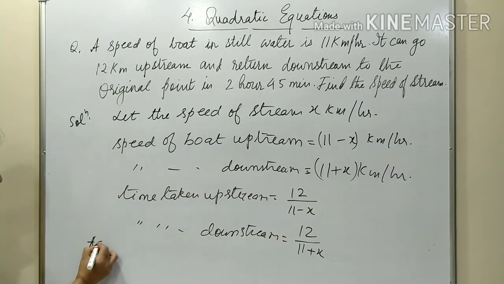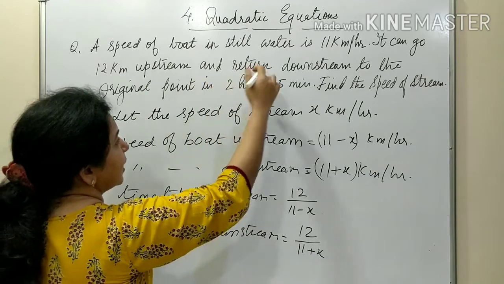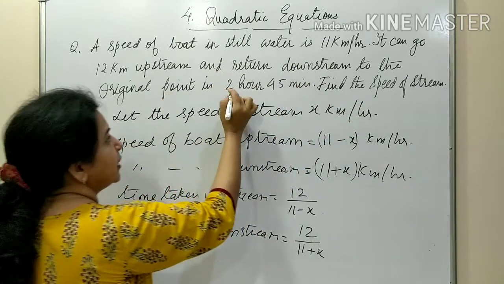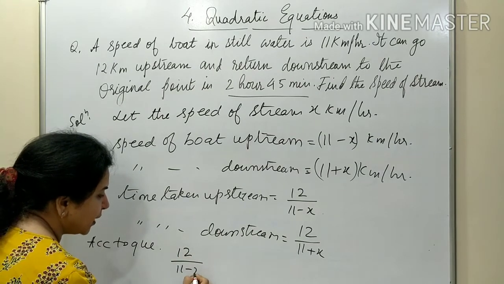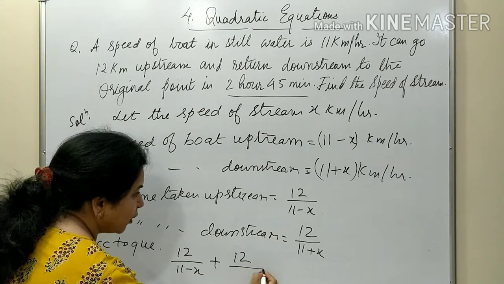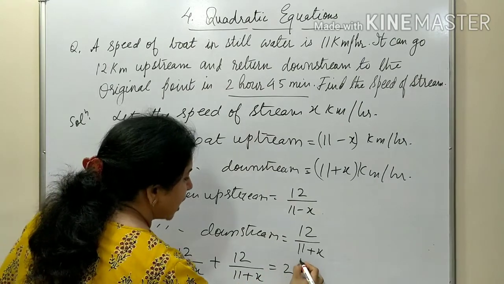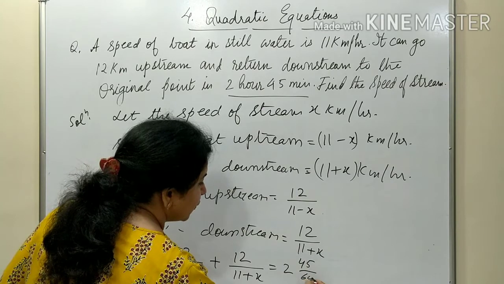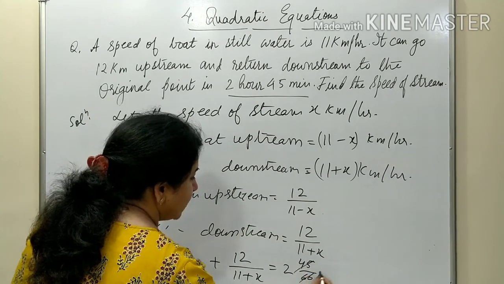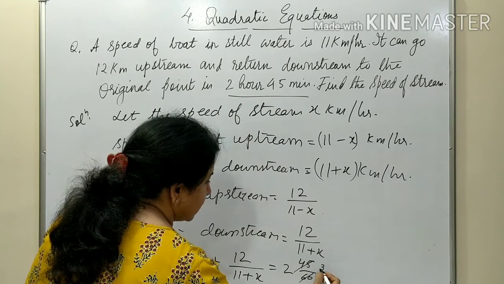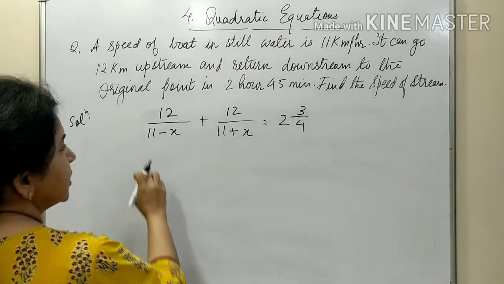Now according to the question, going upstream and then returning downstream, the total time is 12 by 11 minus x, the time while going, plus 12 by 11 plus x, the time while coming. Total time is 2 hours 45 minutes. We convert it into hours, so that will be 2 3 by 4. So this is the equation.